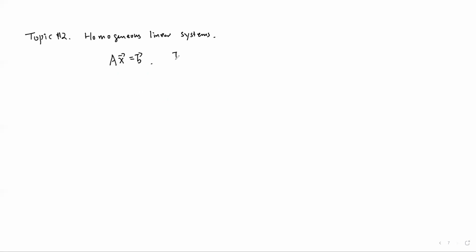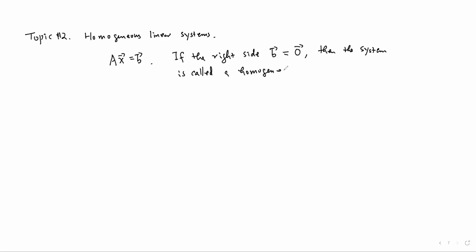If the right side B is a zero vector, then the system is called a homogeneous linear system.